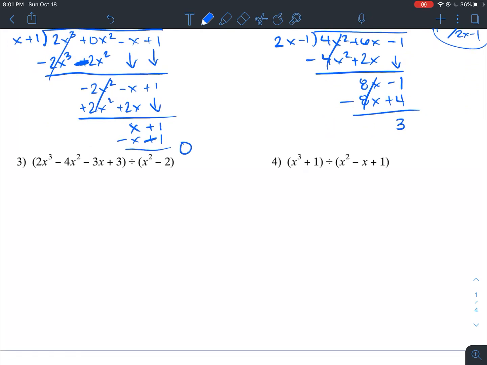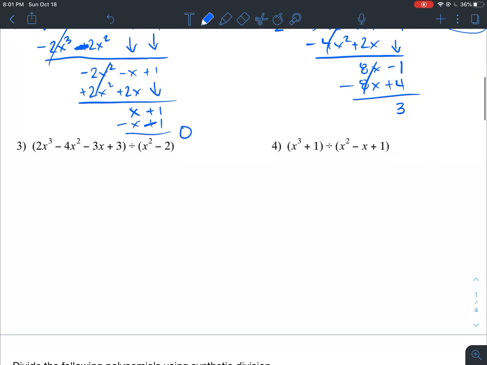Okay, so let's try number 3 now. Think about whether or not we need placeholders. So we go with degree 3, 2, 1, 0. But here we go 2 to 0. So we need a placeholder for the x here. So we have x squared plus 0x minus 2. That's our placeholder.